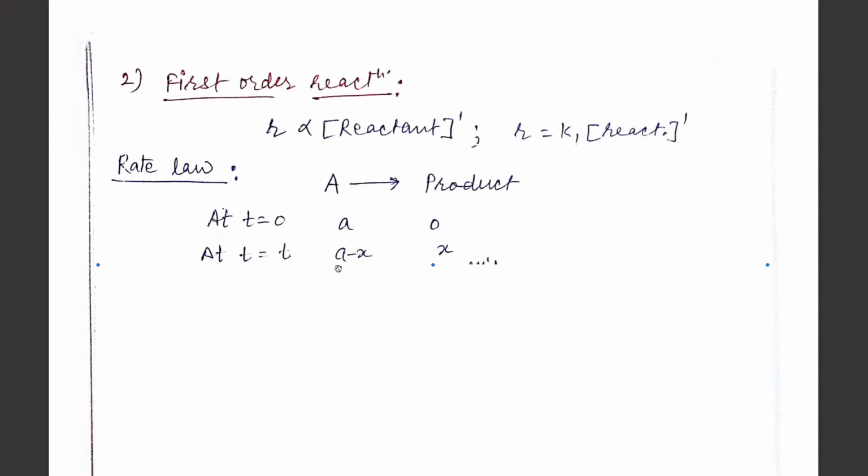After time t, if x amount of A gets decomposed, the remaining amount of reactant is a minus x and the amount of the product is x, or we can say that the concentration of reactant is a minus x mole per liter and the concentration of product is x mole per liter.